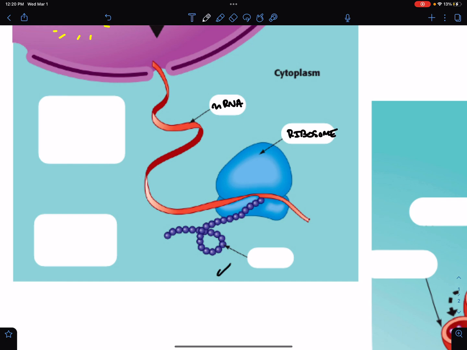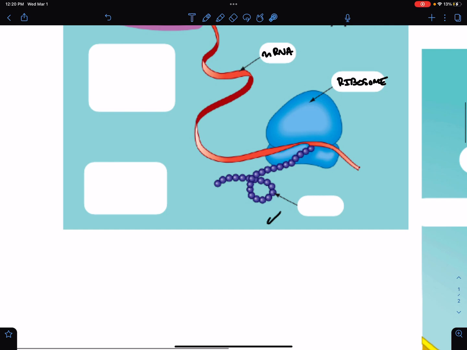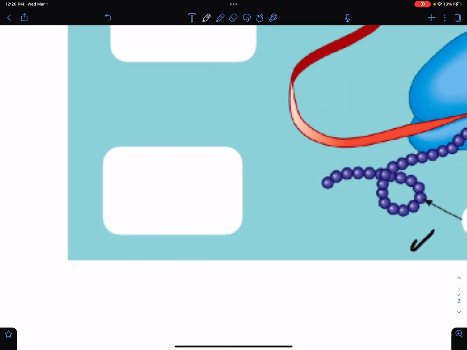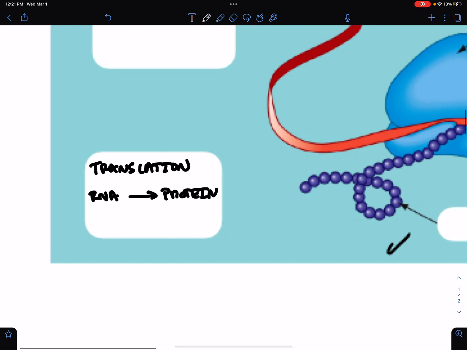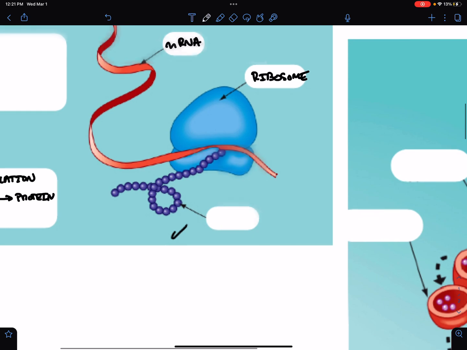Now, the ribosome is composed of two subunits, the large subunit and the small subunit. It kind of looks like a little hamburger. And the ribosome is going to do a very important process called translation. Translation is when we take an RNA and we synthesize from it a protein. So the mRNA is also encoding a message, and there are a bunch of free amino acids in the cytoplasm, just beep-bopping around.